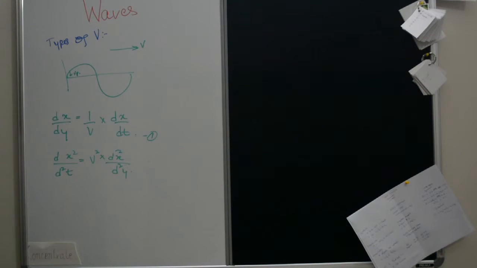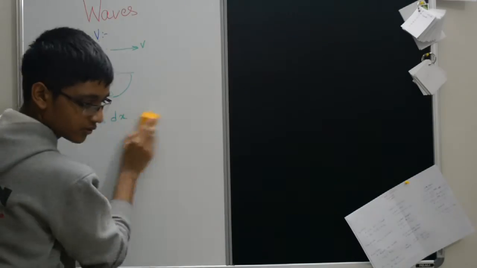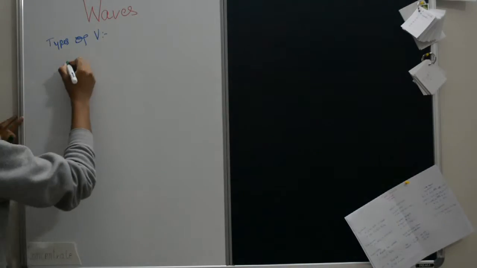After these both are finished, then we have one more concept which we need to remember. There is something called the phase difference, path difference and the time difference. Now there is only one relation between all of them.